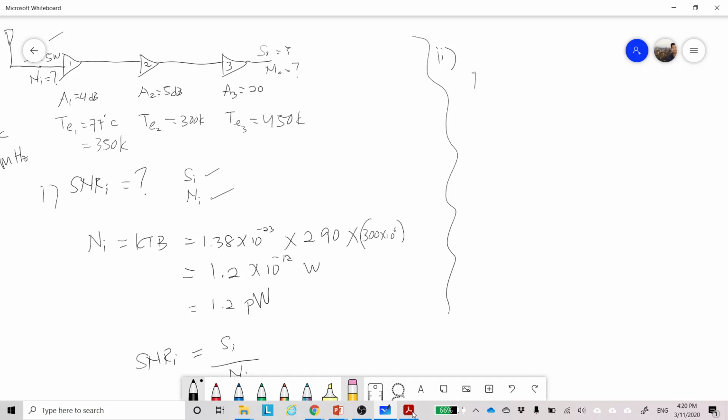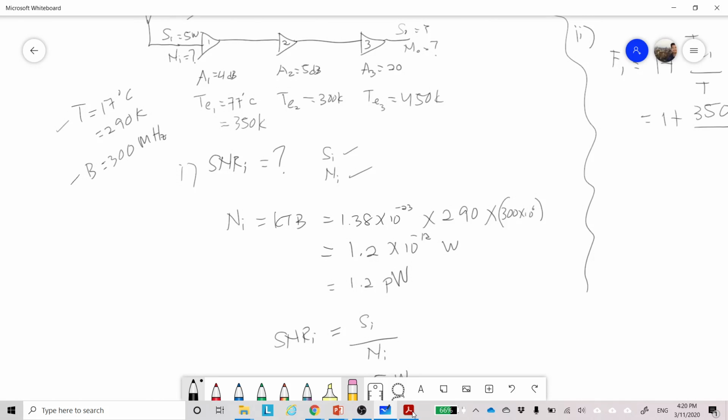Okay, so F1 bersamaan dengan 1 tambah TE1 dibahagikan dengan T. So ini bersamaan dengan 1 tambah 350. Environmental adalah yang tadi you dapat di sini.